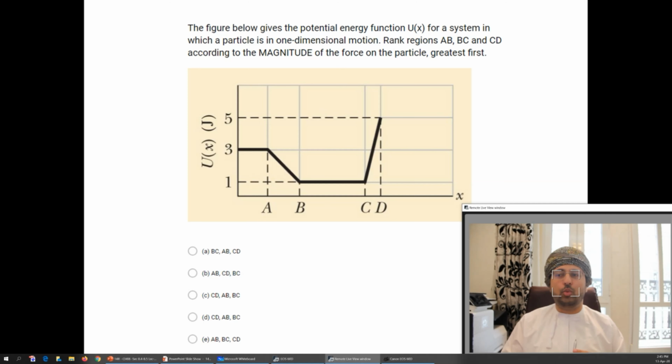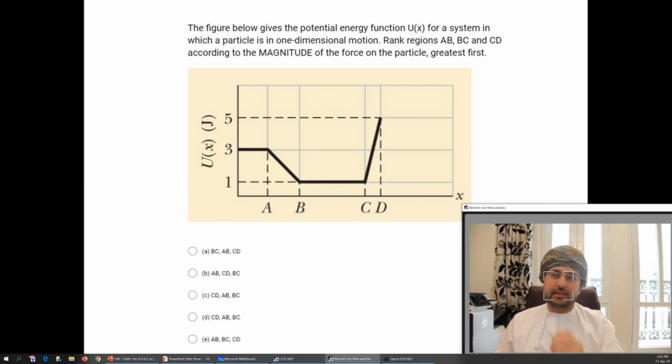Well, we're only concerned about magnitude here, so absolute terms. We know the force is the differential of the potential. We also know that the differential of a curve is simply its slope.